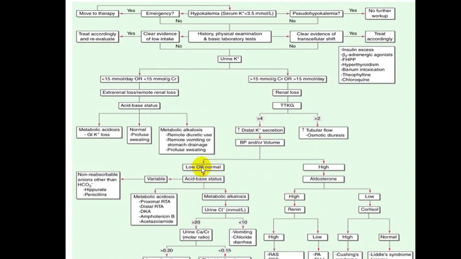If a person has metabolic alkalosis and urinary chloride level is high, then look for loop diuretics, Bartter syndrome. If urinary chloride level is low, then Gitelman syndrome or thiazide diuretics. And if urinary chloride level is very low, then vomiting, diarrhea, etc.